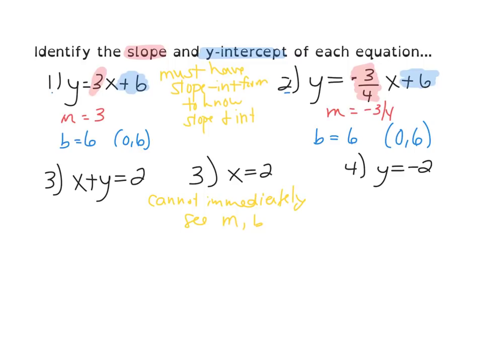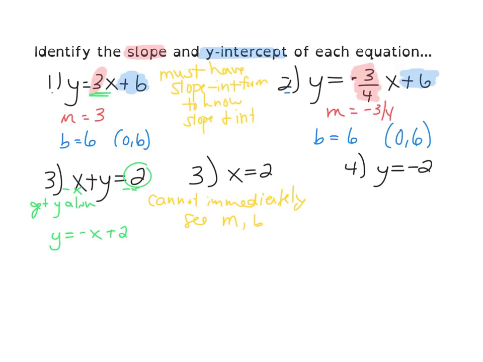If we look at number 3, our goal is, can we turn it into slope-intercept form? Can we get y alone? To do that, we can just subtract x from both sides. So y equals, and now I'm choosing to write the x term first because that's the order it is. There was a -x, and then this 2 was positive, so -x plus 2.